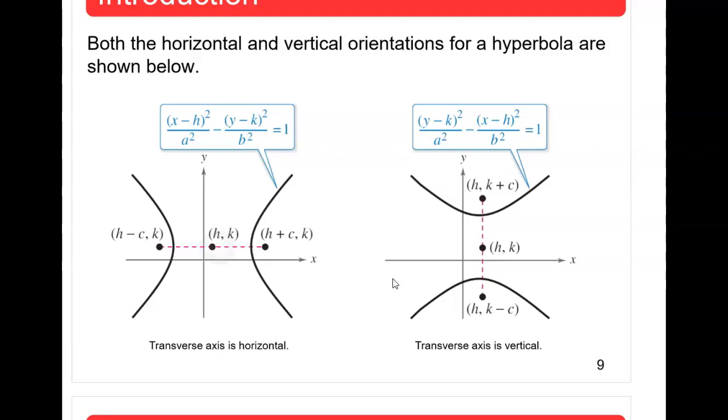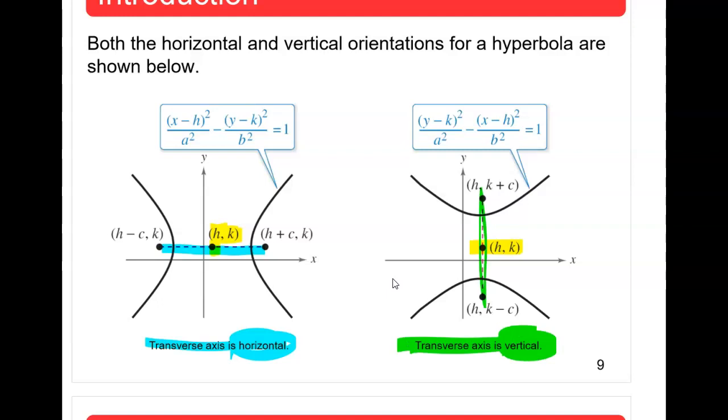The center is off the origin in both cases. And then you can see here that the transverse axis is horizontal, and so that's why we call it a horizontal hyperbola. And here the vertical axis is the transverse axis, so vertical hyperbola.